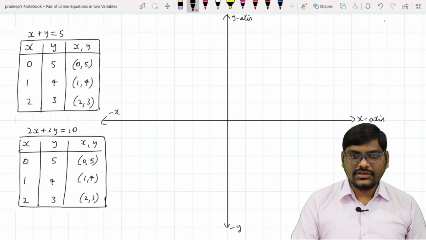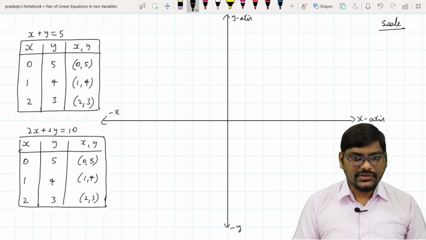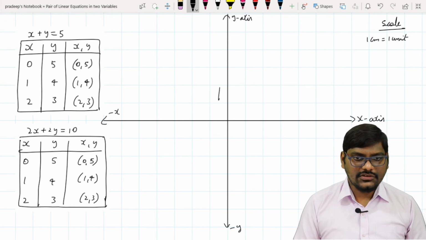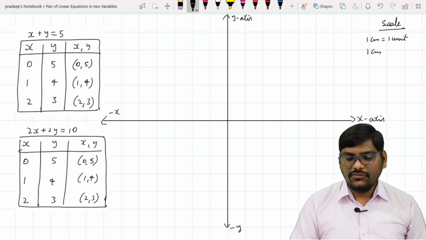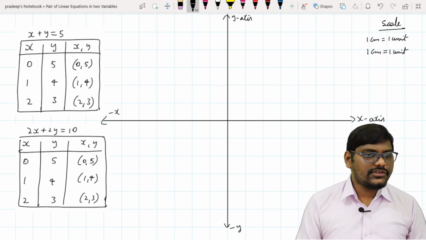So let's write the scale first. So scale is very important. So in x-axis we are taking 1 centimeter as 1 unit, so I can take 1 centimeter equal to 1 unit. Same thing we are doing for y-axis also, 1 centimeter equal to 1 unit. Okay, so let's substitute the first equation values.